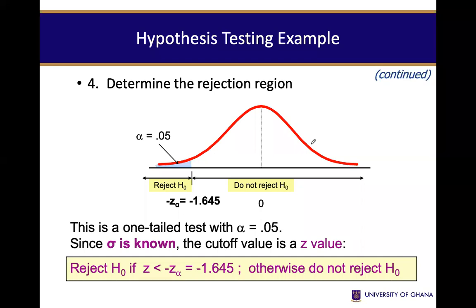So this leads us to determine what we know as a rejection or decision rule. The decision rule is such that you reject the null hypothesis if the test statistic that you compute is less than the critical value that you have here.